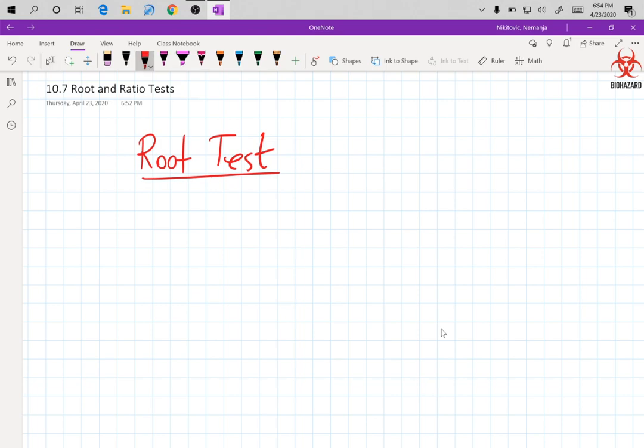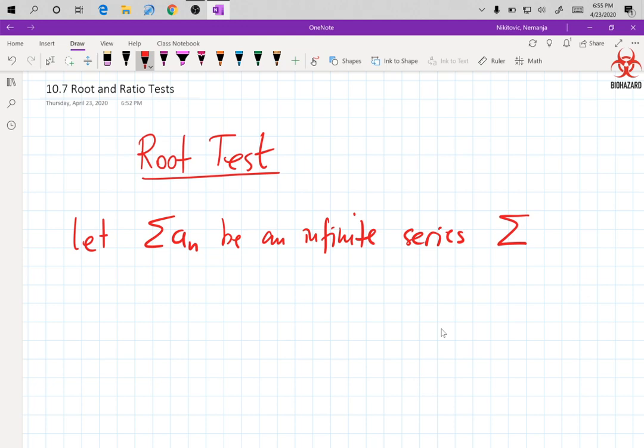So here we go. Let the summation of a_n be an infinite series, and it's going to look like this.